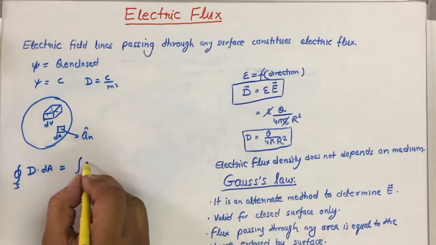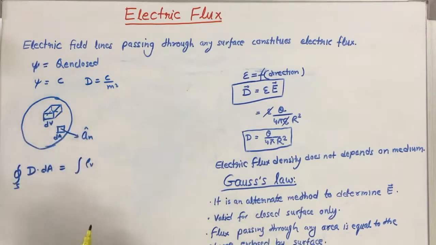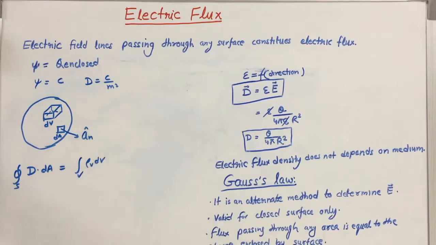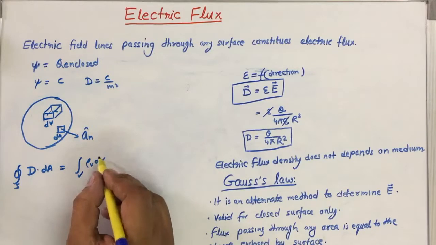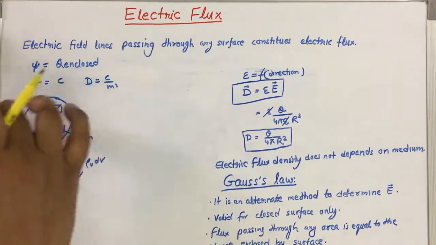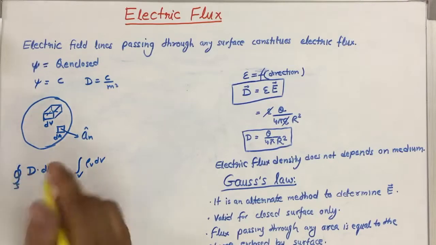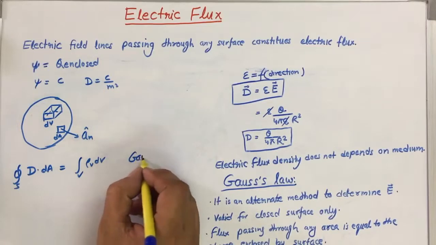This flux will be equal to the total charge enclosed by that, and total charge will be the volume charge density of this object for full volume. So this is volume charge density. We will integrate with respect to dV to get the full charge, and this is nothing but Gauss law.